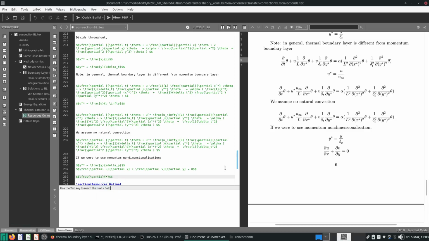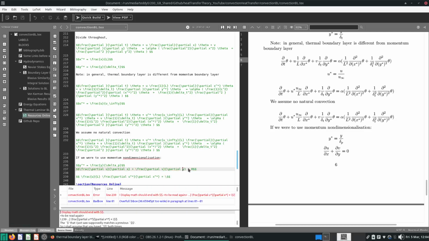Partial u star, so u equals u star multiplied into u infinity, partial x star, so u infinity over L. That's the first one. Then we'll do the second bit.